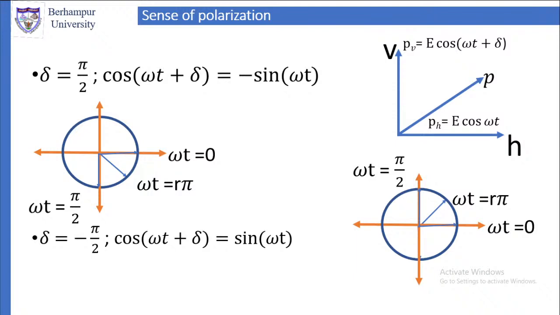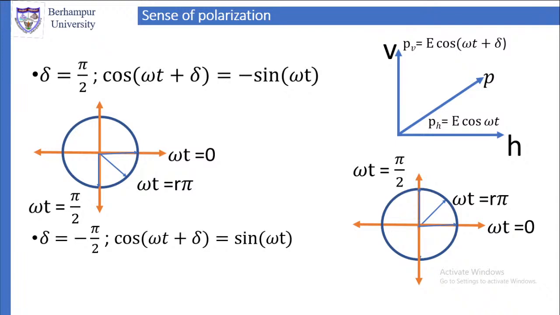Omega t is equal to r into pi, where r is a rational number, so some amount into pi. If that occurs, then we will have a horizontal component and a vertical component which is downward. Why? It is downward because it is minus sin omega t. So minus is in the negative vertical direction, not in the upward direction, but in the downward direction.